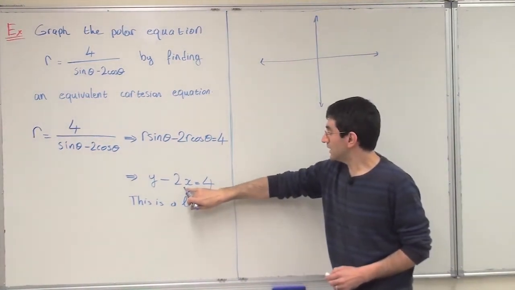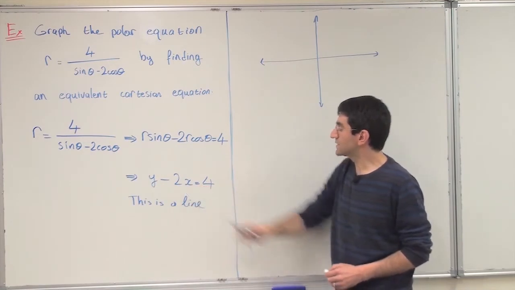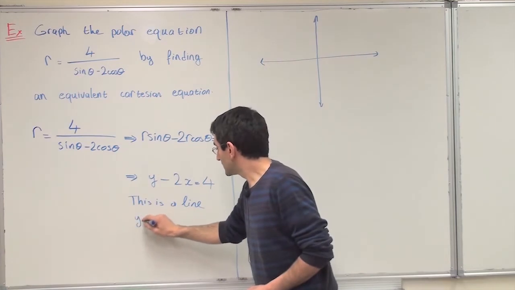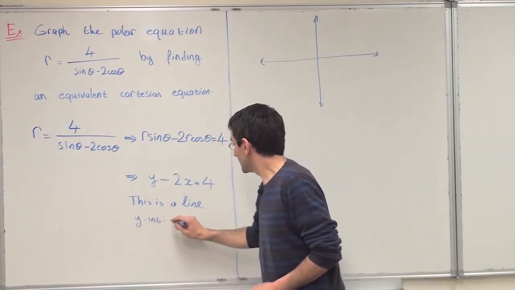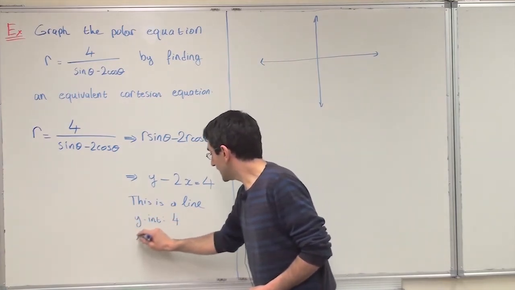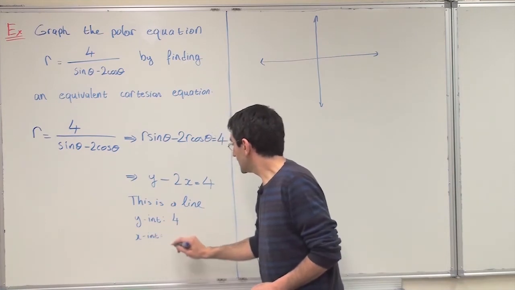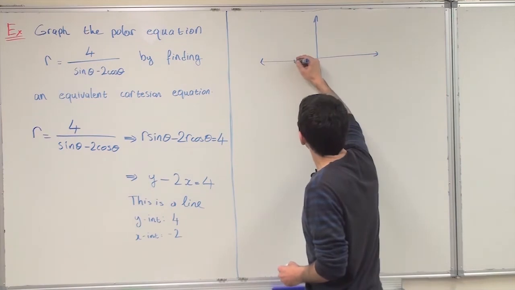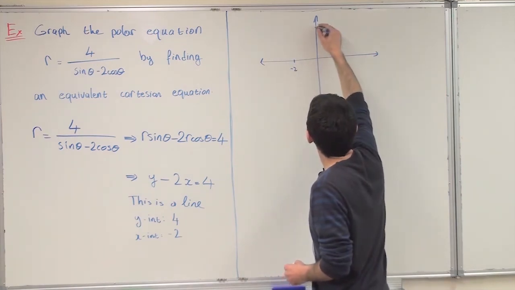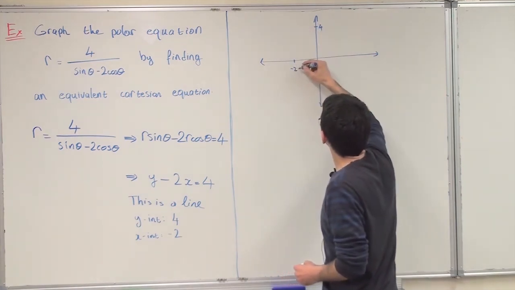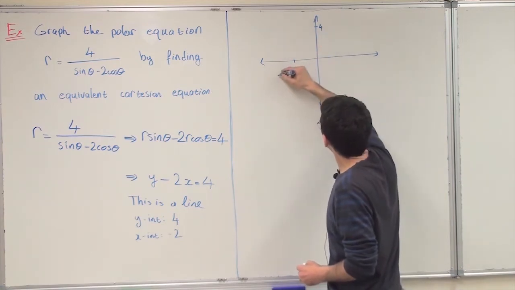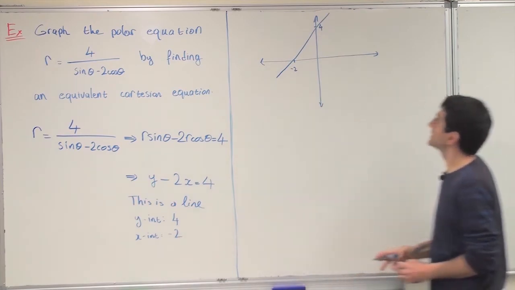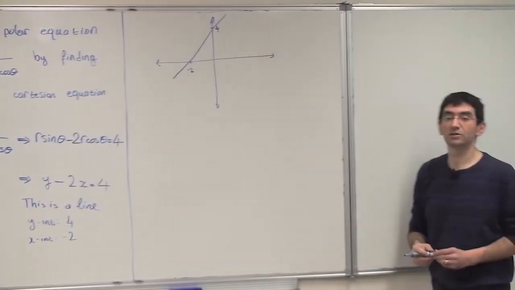Then we find the y and x intercepts of this line. So the y-intercept is 4, and the x-intercept is minus 2. So this is a line which passes through the points -2, 0, and 0, 4. And that's the graph of this polar equation.